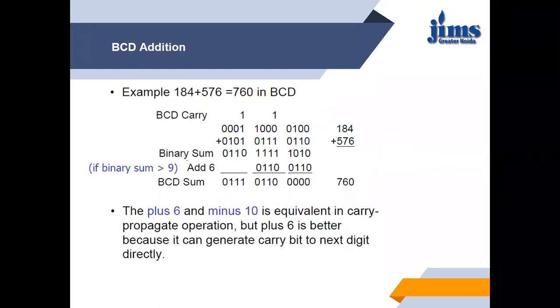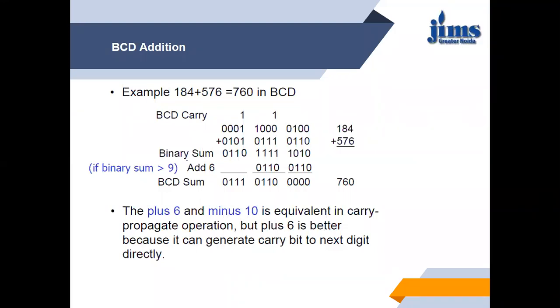Okay, now there are two processes. If there is any unused state, either we can add 6 or we can subtract 10, but plus 6 is better because it can generate a carry bit to the next digit directly. So when we are adding two numbers in BCD, first we convert these numbers, then we just add like a binary sum.